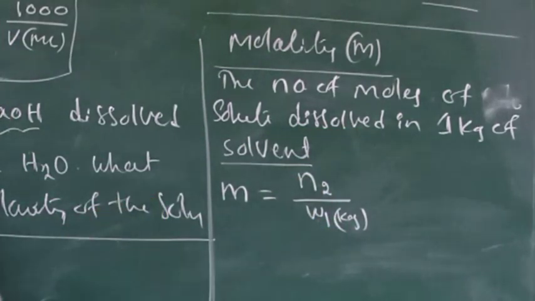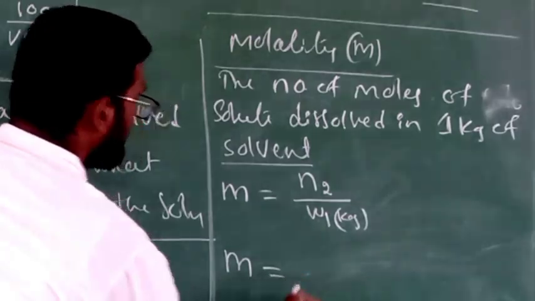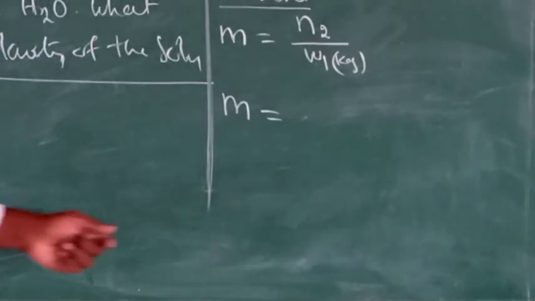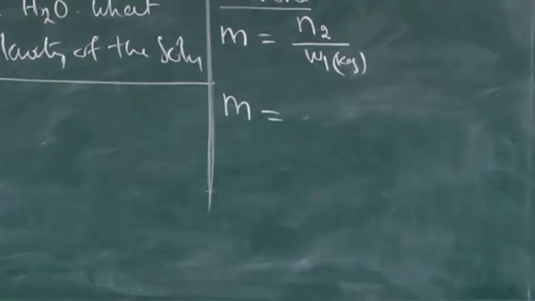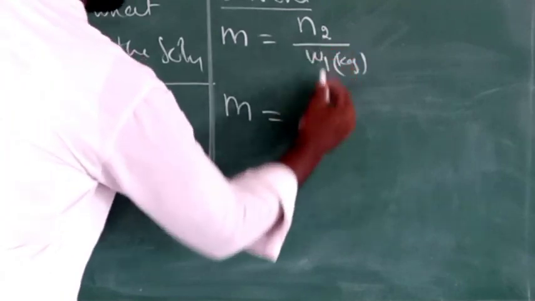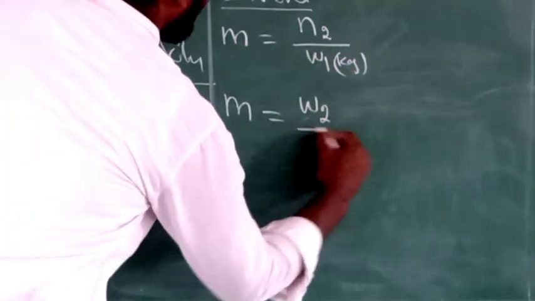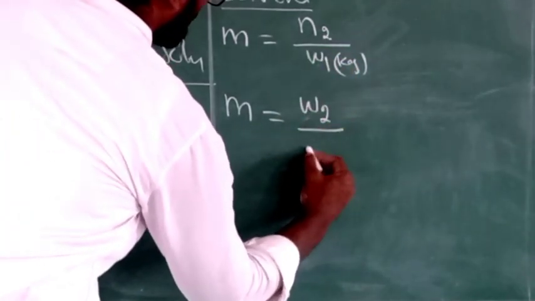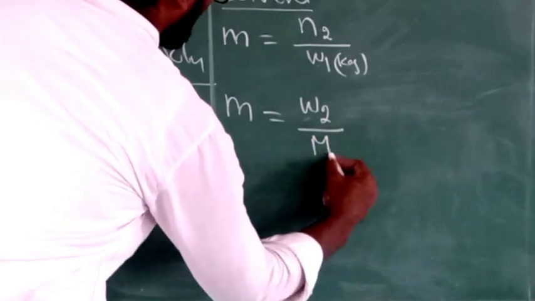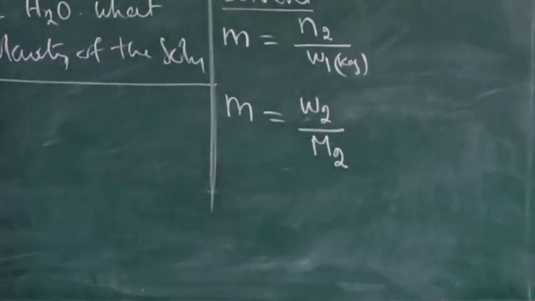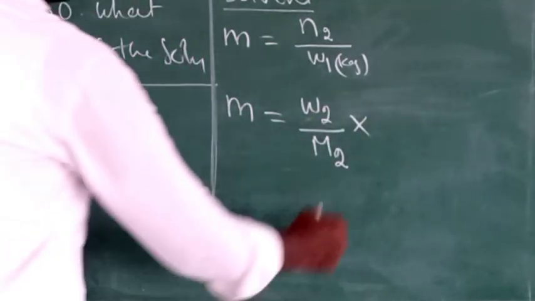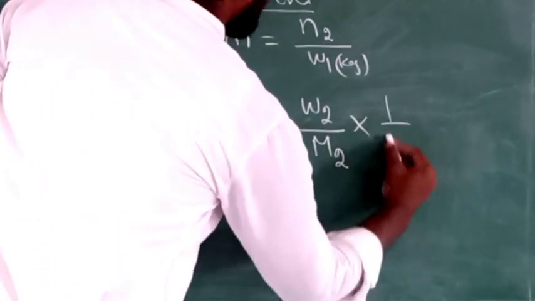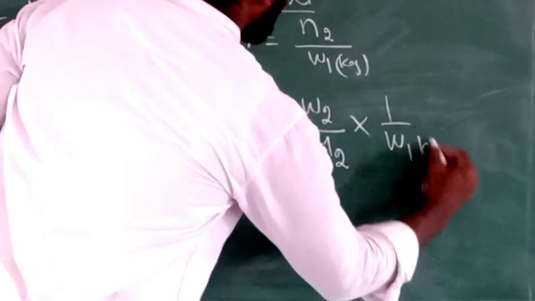If I expand this formula, molality small m is equal to, what is the formula for number of moles? Mass by gram molar mass. Here it is mass of the solute by gram molar mass of the solute, capital M2 I will write, into 1 by W1 in kilograms.